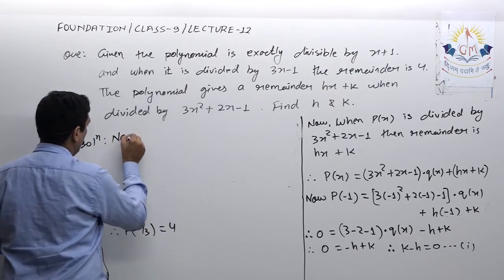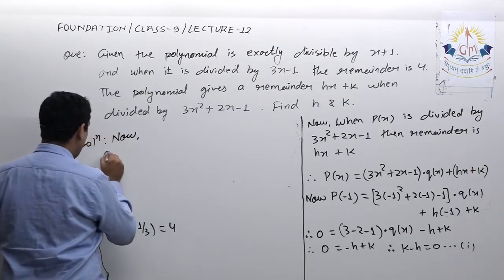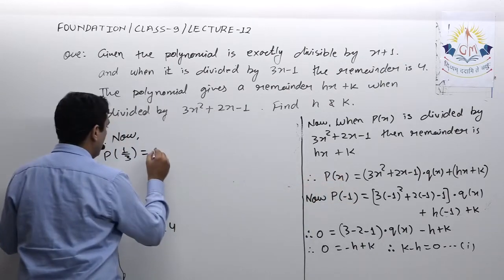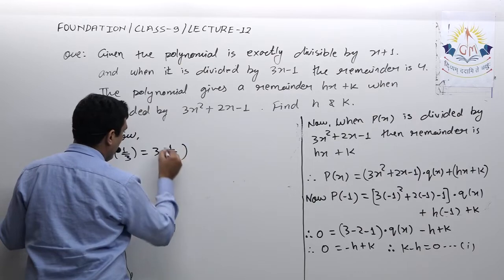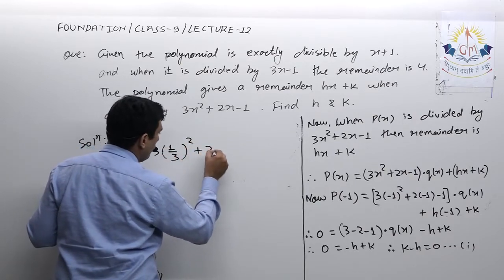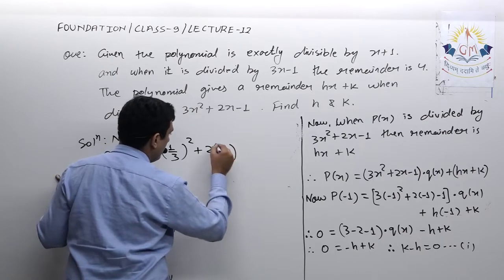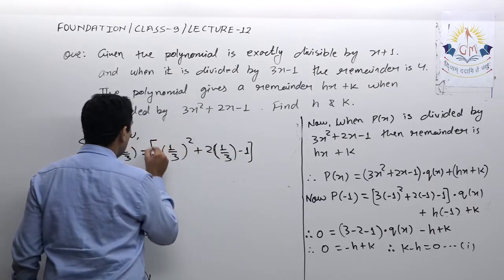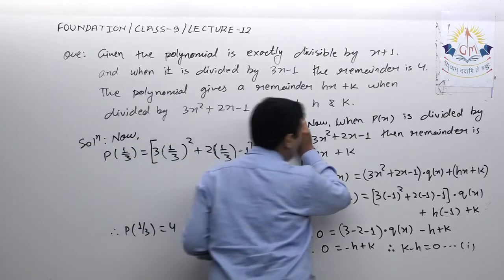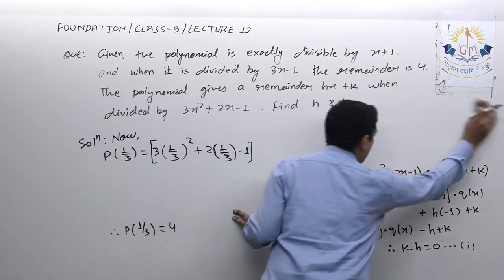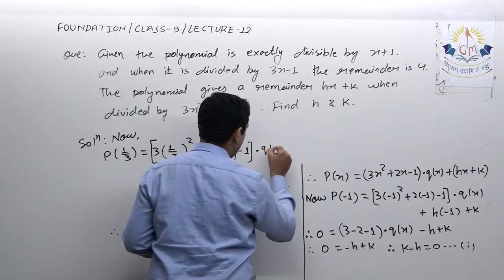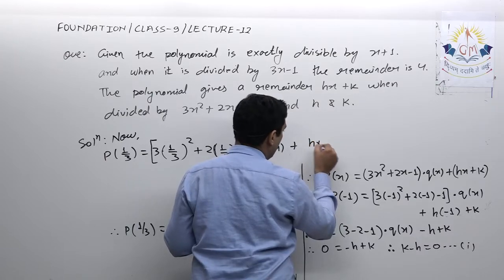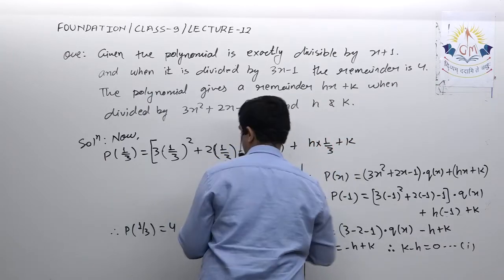So now p of 1 by 3 is equal to, here I will put x equal to 1 by 3: 3 into (1 upon 3) square, plus 2 into 1 upon 3, minus 1, bracket close, into qx, plus h into 1 by 3 plus k.